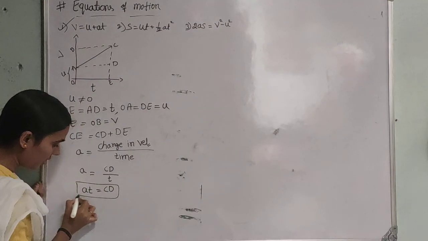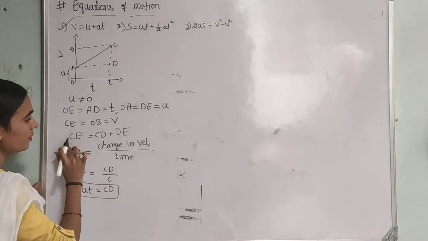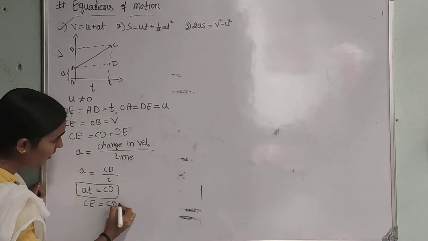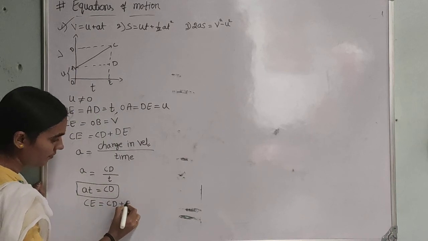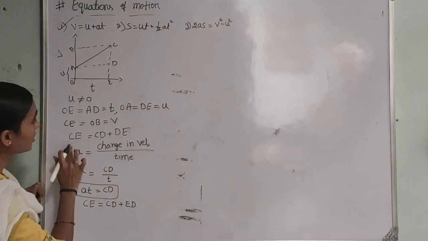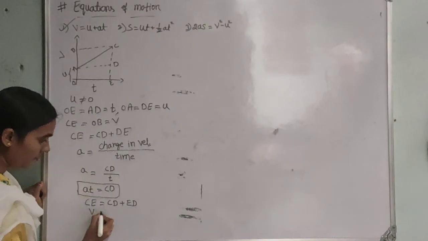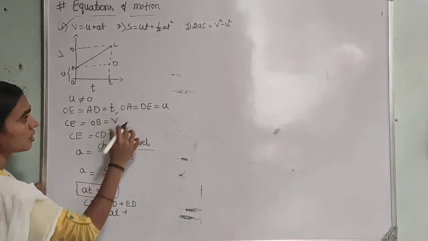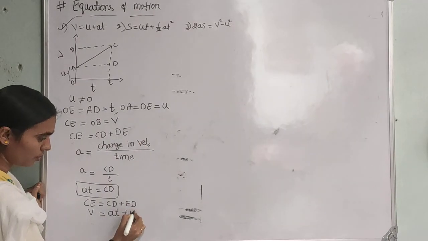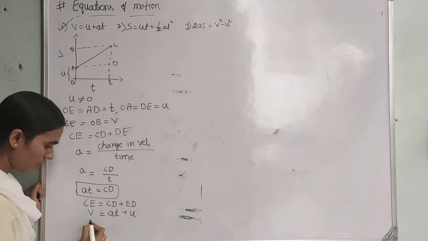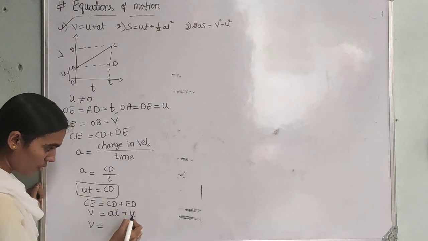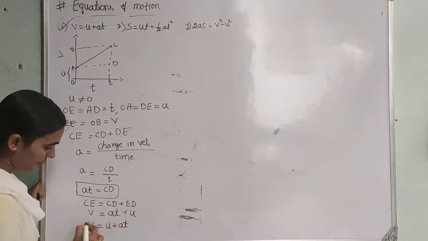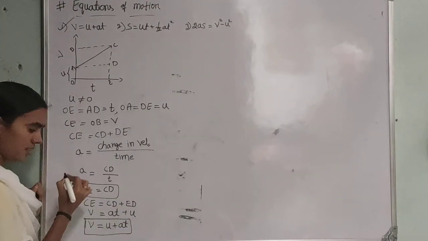The value of CD is at. So CE is equal to CD plus DE. What is the value of CE? That is V. What is the value of CD? That is at. What is the value of DE? That is U. So rearranging the terms, v is equal to u plus at. So this is our first equation.